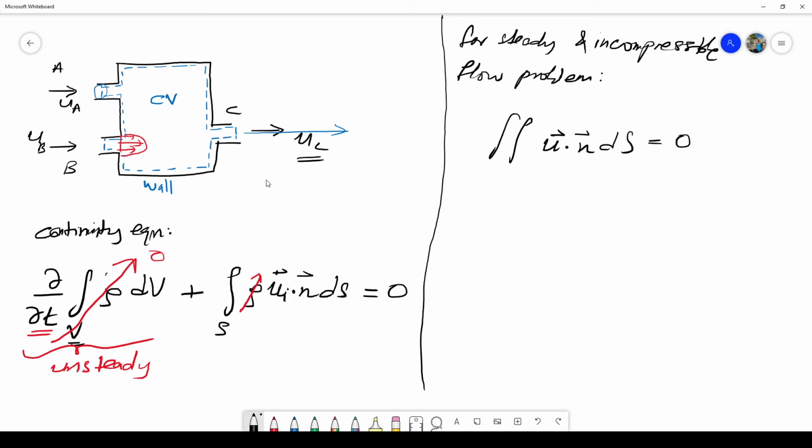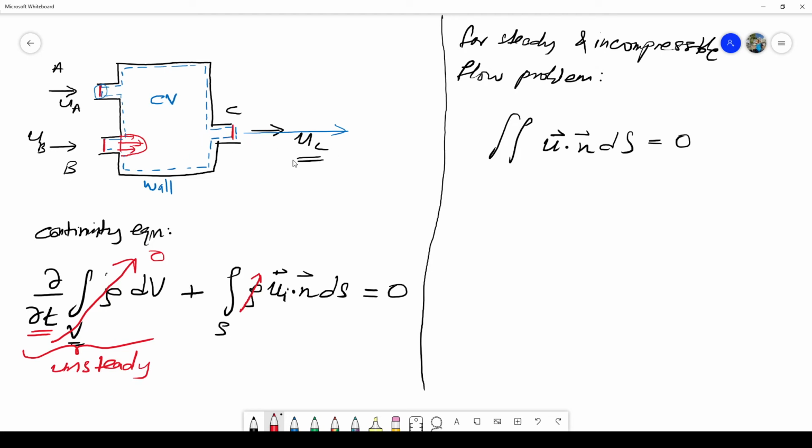If we look at the diagram again, we have surfaces. We can define the first surface, where we have the inlet at A. The second surface is where we have the inflow area at B, and the third surface is where the flow leaves the container.